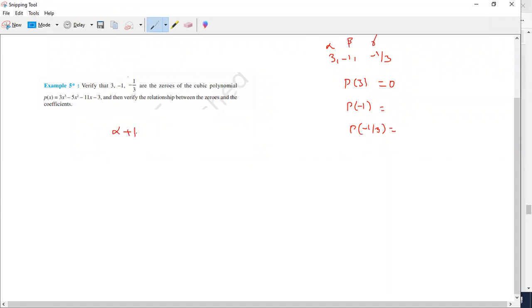We know alpha plus beta plus gamma: one method is to directly add the 3 numbers and get one number. From here, minus b by a should also be the same. Check whether you are getting both the same or not. Check and let me know, guys, what the answers are. Please, what is the sum of the zeros, product of the zeros? Sanyu, please.